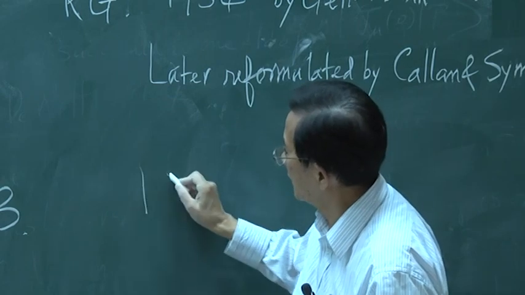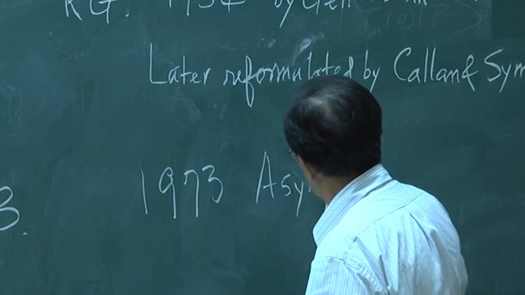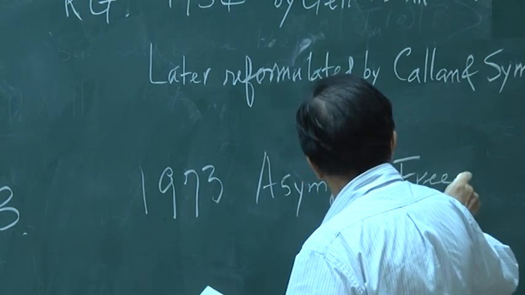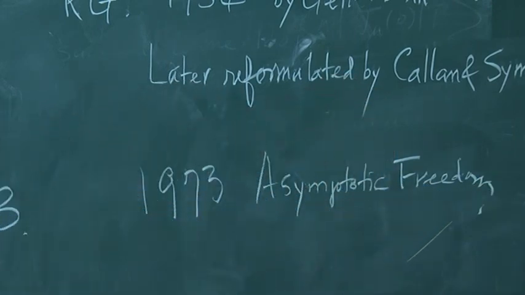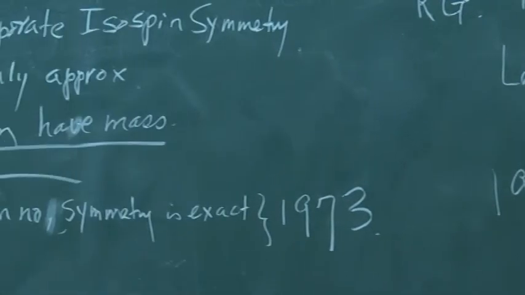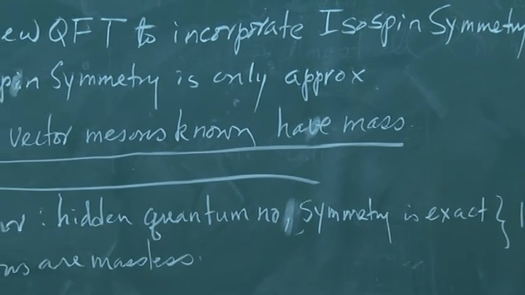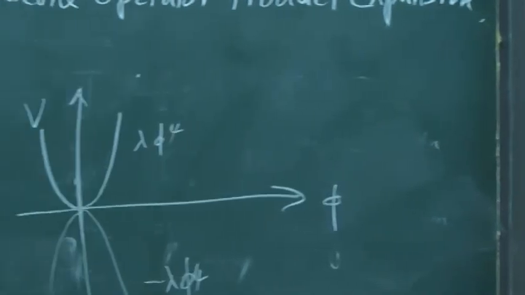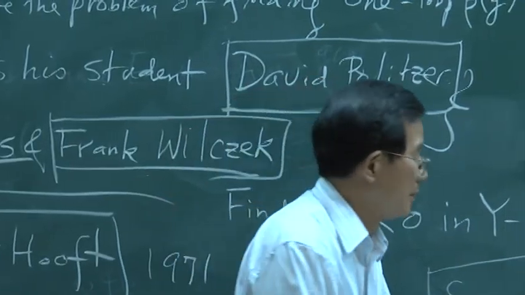So again, it's asymptotic freedom. What I'm trying to say is that if you have a good idea, great idea, don't worry that you cannot find a good application. Eventually it will show up, and somebody smart enough will be able to use your idea to apply to important problems.